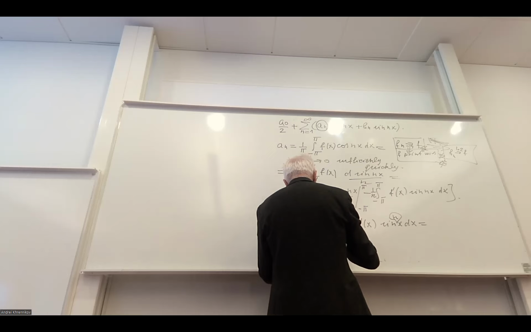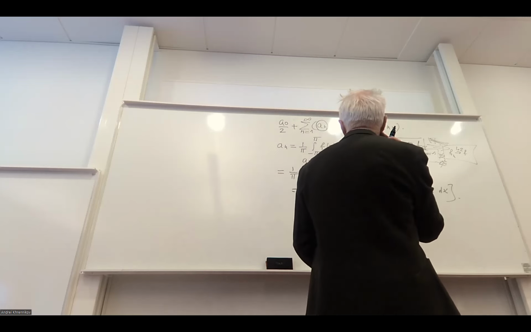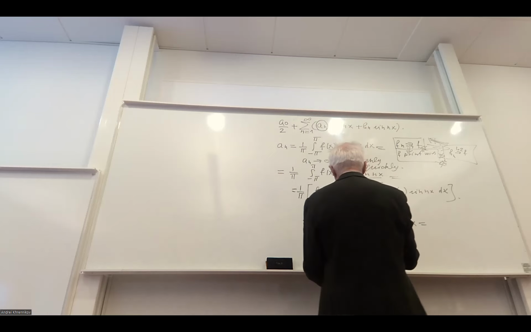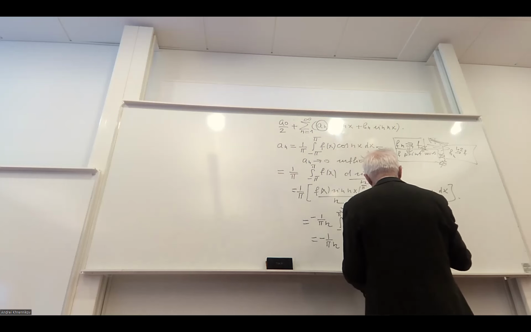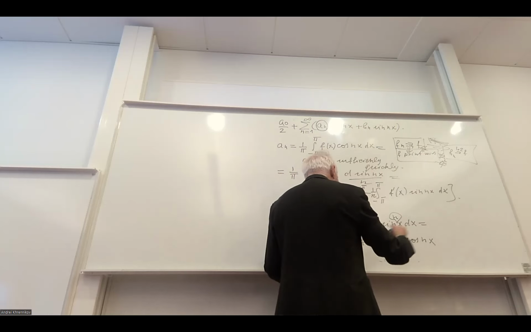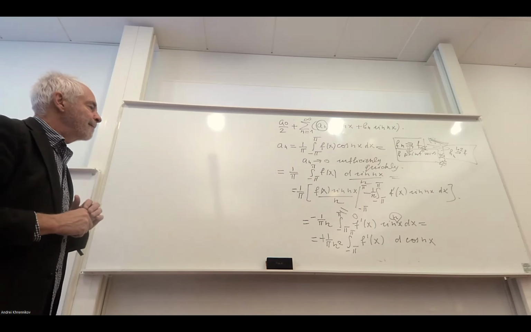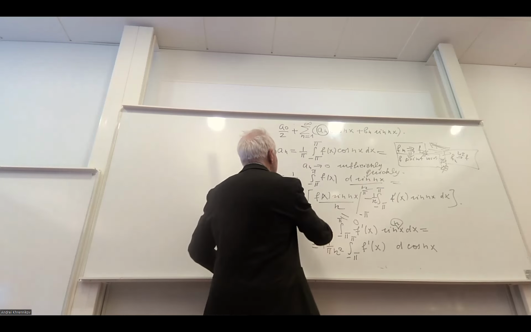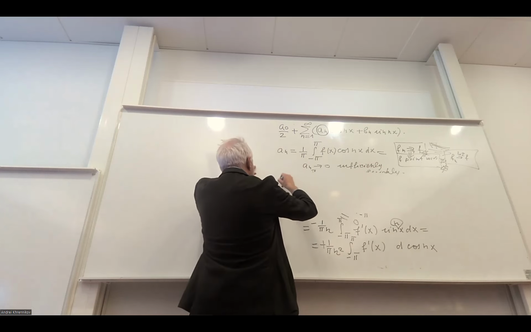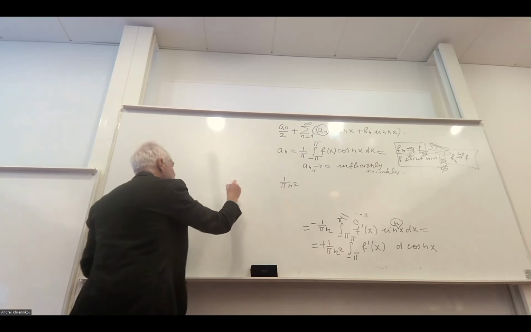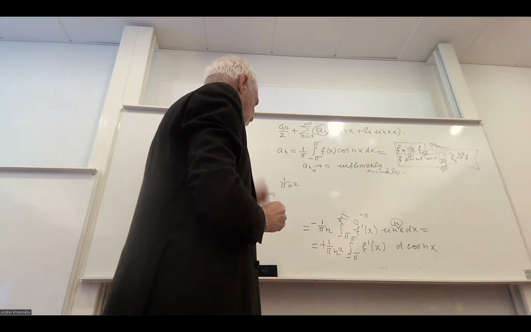So it would be 1 over pi n, here sine, now it is the derivative, so from minus pi to pi, here is f'(x), and here is d cos(nx) divided by n, so n squared. 1 over n was not good, but 1 over n squared is good, so it's enough to integrate by parts 2 times.